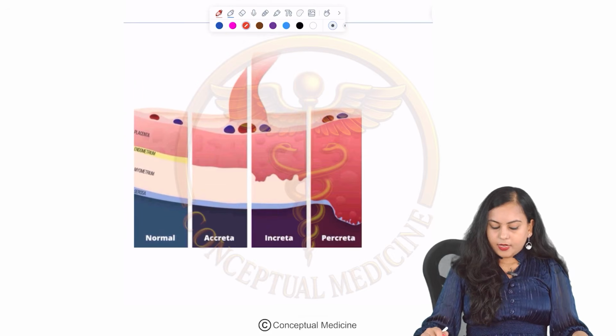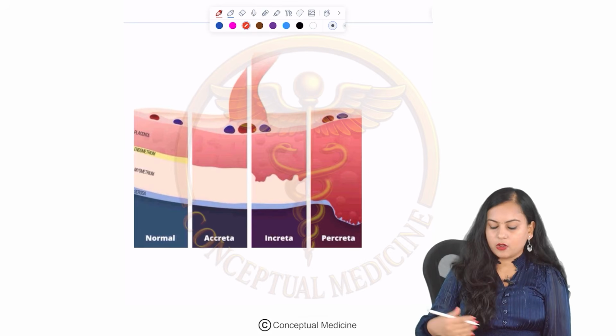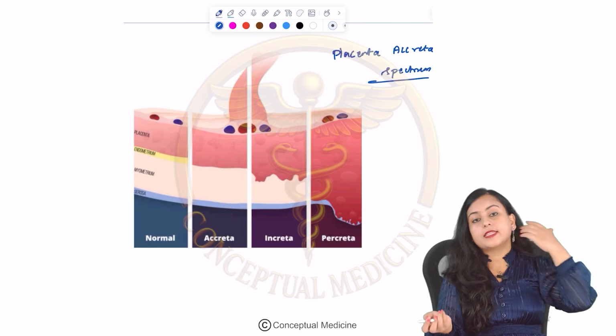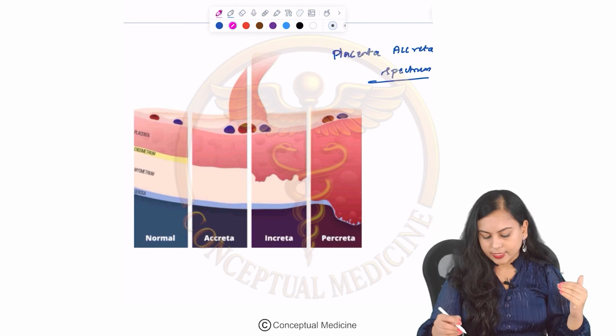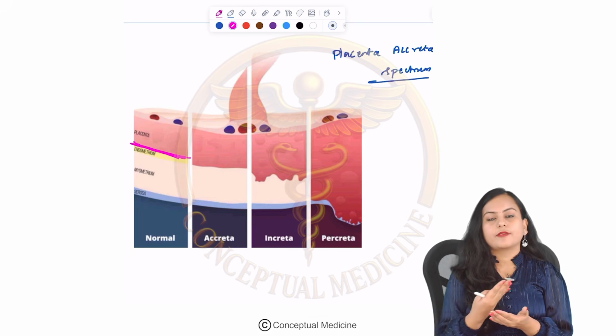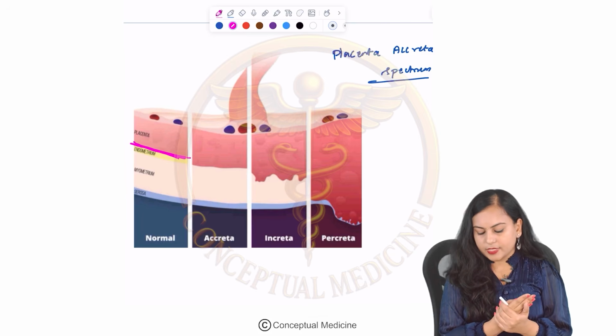Now, let's speak about this thing. So, what is all these together called as? All these together are called as placenta accreta spectrum, right? Placenta accreta spectrum. So, you have to know, normally the placenta is going to attach itself to the endometrial layer. Okay, so this is the normal attachment. It will be present in the decidual layer only. There will be a plane of cleavage between the placenta and the endometrium of the uterus always, right?